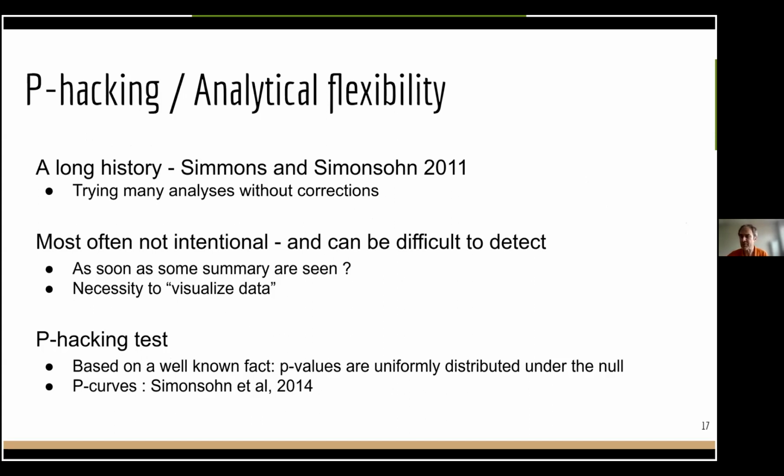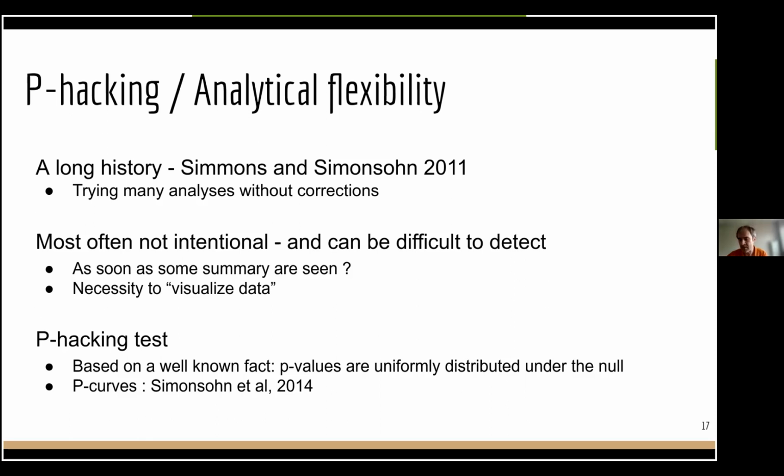I think it's an important message that mostly it's not done knowing that this is a wrong way of doing it. It's mostly done thinking, I have a better model, I have a better way of analyzing the data, and that better way is going to give me a significant p-value.